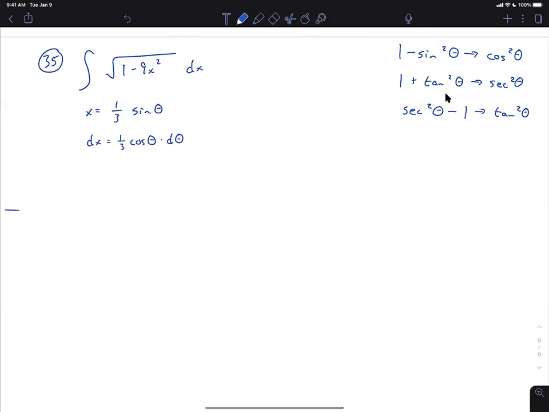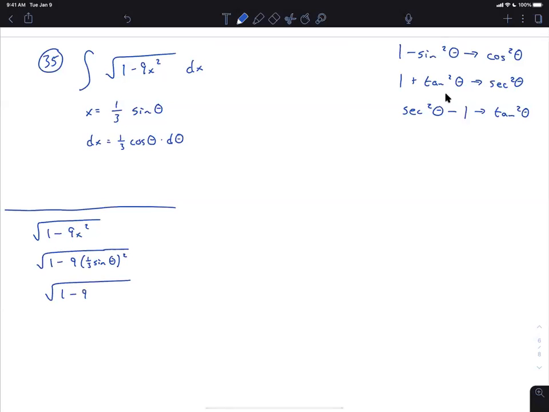Then what we always did was we tried to get rid of the square root, but we did it on the side. So 1 minus 9x squared under the square root can be replaced with the square root of 1 minus 9 times 1/3 sine theta squared.